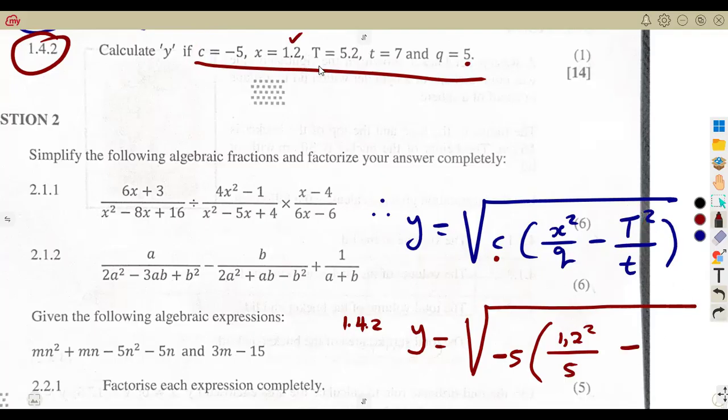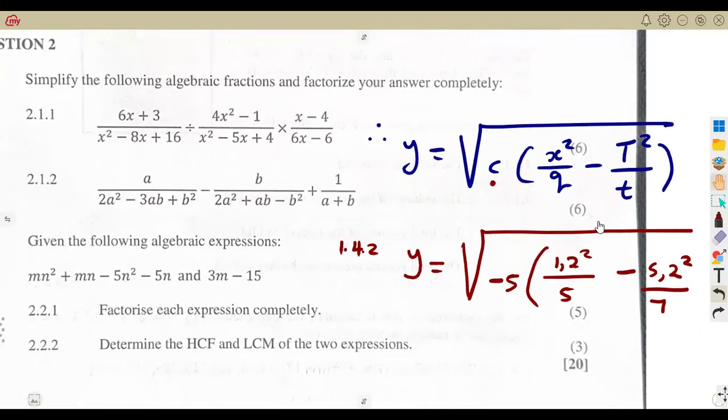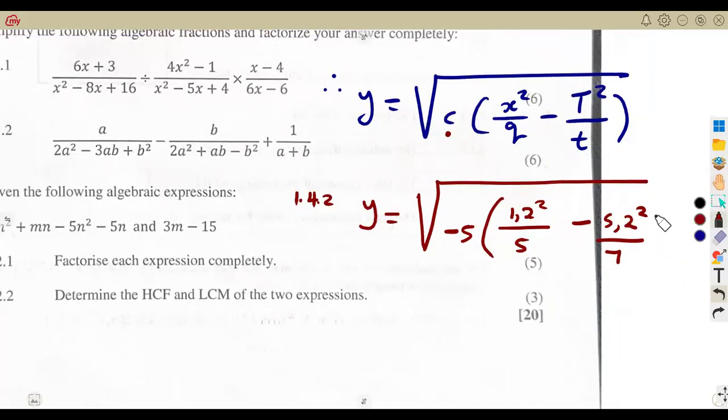We need the bigger one, the capital letter T, which is 5.2. So that's 5.2 squared, everything over the small letter t, which is 7. So you just have to make sure you have done a proper substitution. It was just a matter of substitution there.